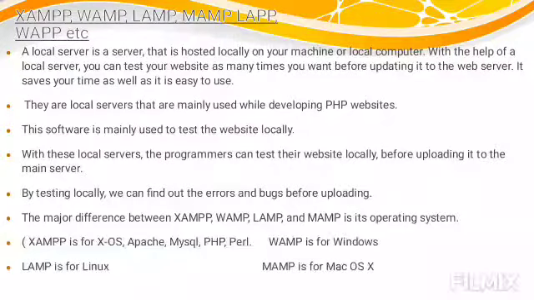LAP and WAP are Linux Apache Postgres PHP and Windows Apache Postgres PHP respectively. These are the local servers. The programmer can test their websites locally before uploading to the main servers.